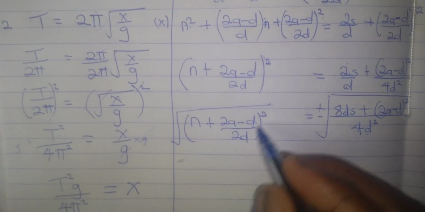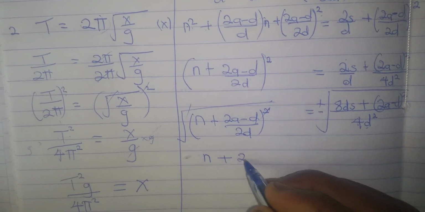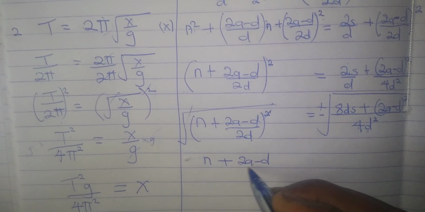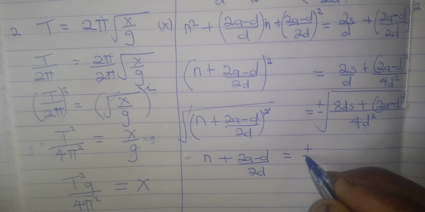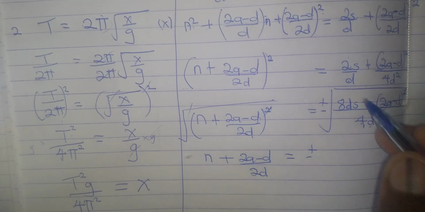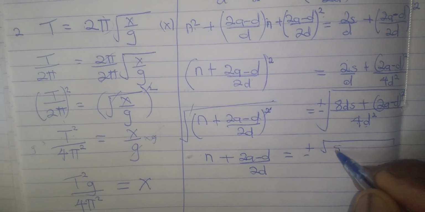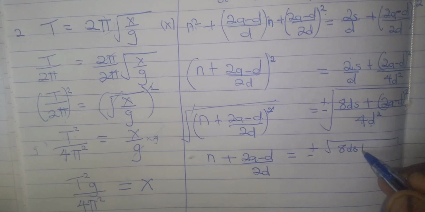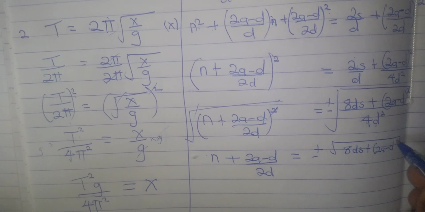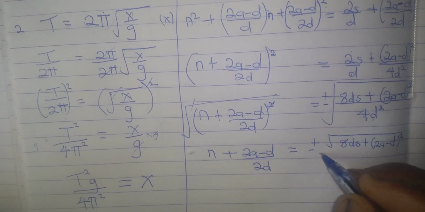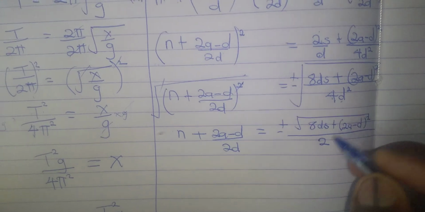So we finally have the square cancelling out the square root. Our n plus 2a minus d over 2d will equal plus or minus. This will remain the way it is, the upper numerator. I'll just say 8ds plus 2a minus d, but squared, over the square root of 4 is a 2, then d.